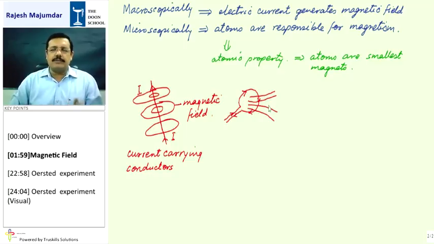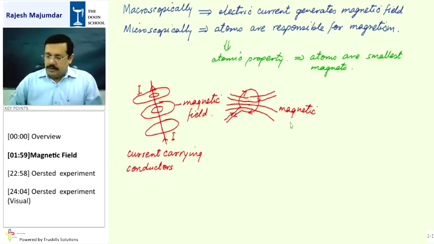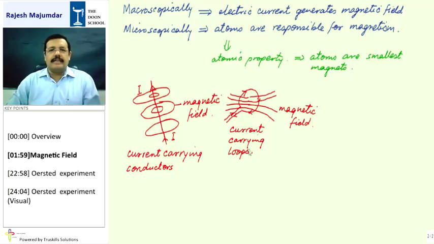They have similar properties, but they are not exactly the same. So magnetic field is produced by current carrying loops.